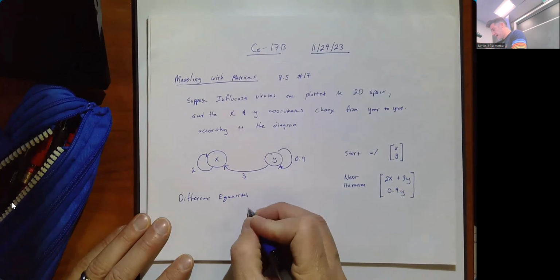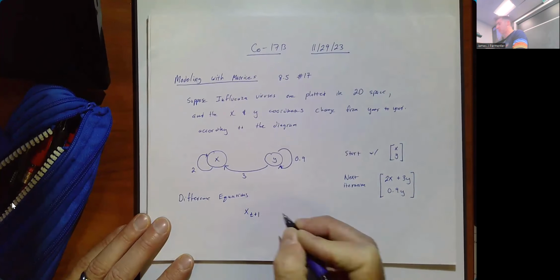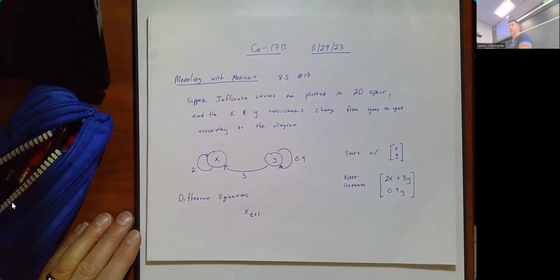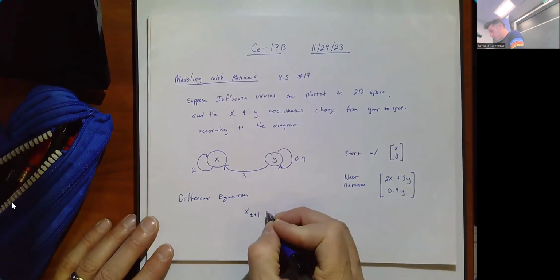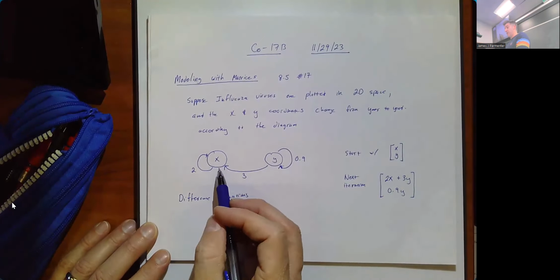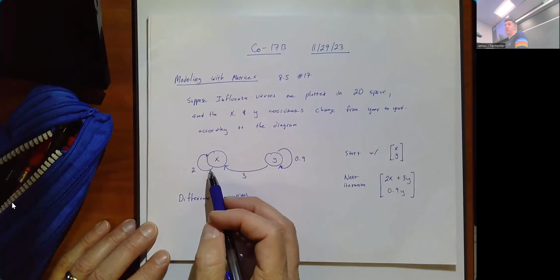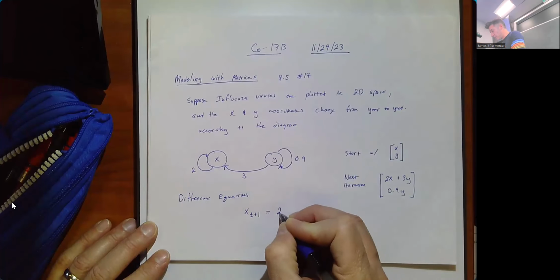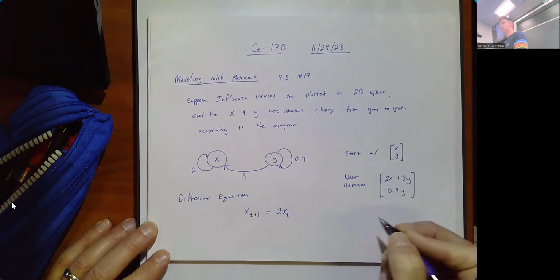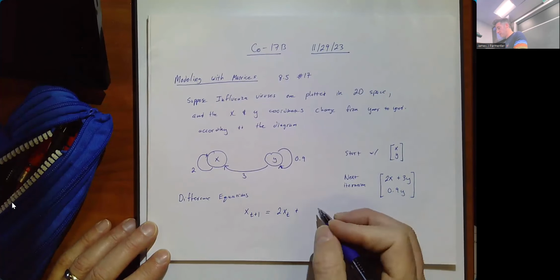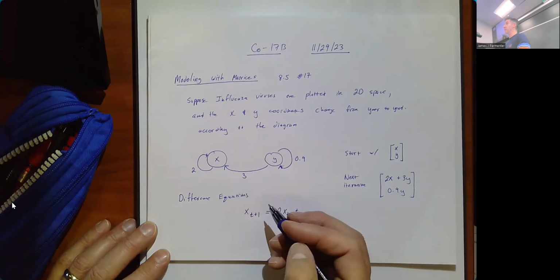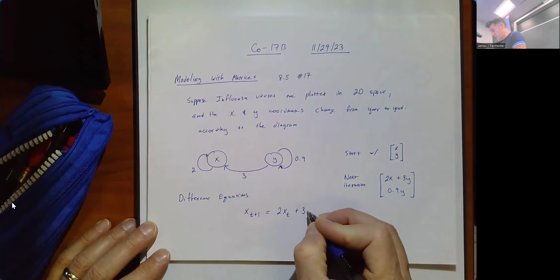So what is X in the next year, in year T plus 1? Well, it's 2 times the X that was in the previous year, so 2 times X sub T, plus 3 times the Y that was in the previous year, 3 times Y sub T.